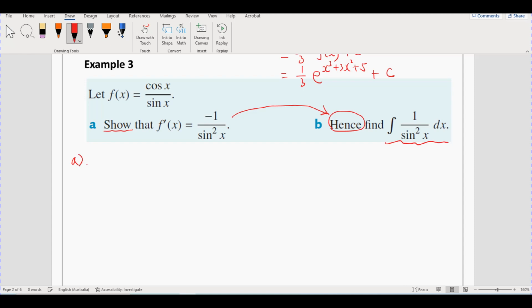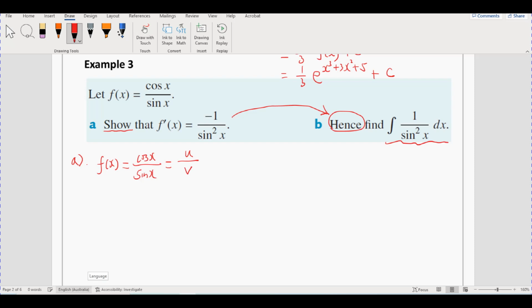Let's try A. How can we get that derivative? So fx is cos x over sin x. We know for derivatives, if it looks like a fraction, we could use the quotient rule.